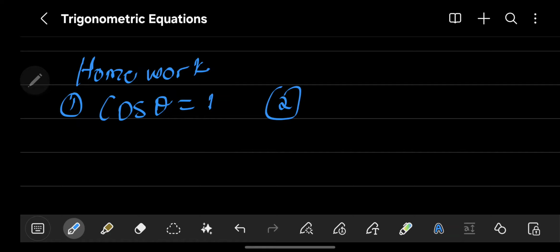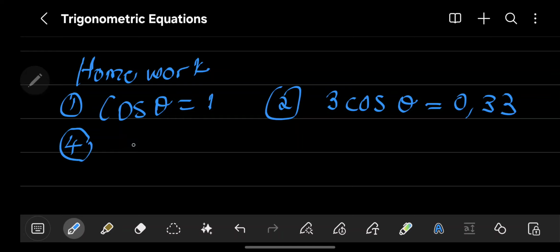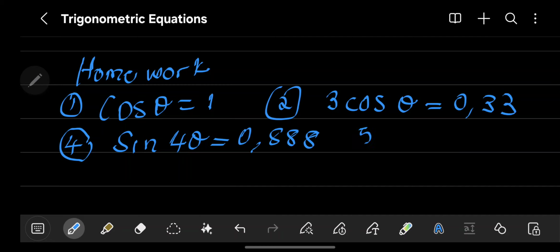Number 2, it is 3 cosine theta, it is equals to 0.33. Ne? And then number 4, you just give me sine theta. Oh, sine 4 theta. It is equals to what? 0.888. Ne?